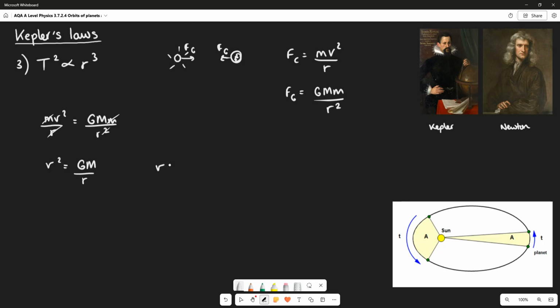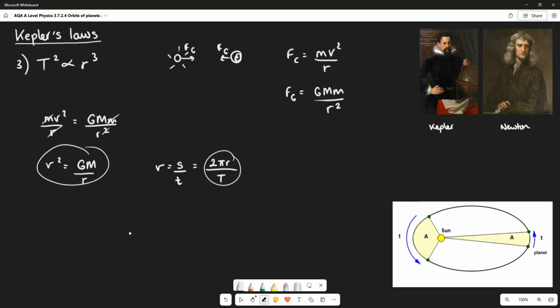We also know that velocity is displacement divided by time, and if that displacement happens to be the circumference of a circle, 2 pi r, then the time taken to move once around a circle would be the period.